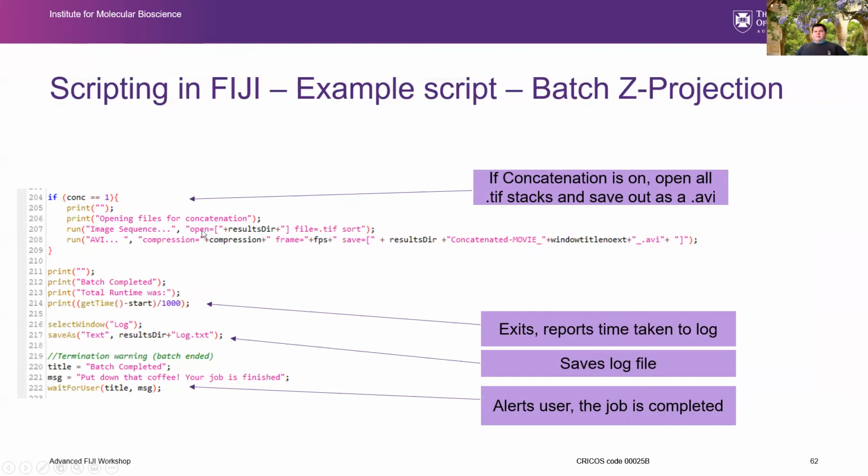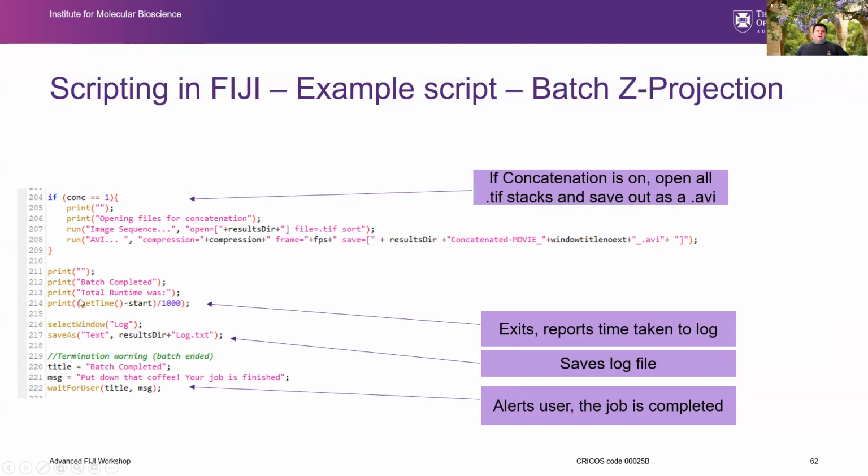And it's going to open the files from this results directory that ends in TIFF, and it's going to sort them numerically. Then it's going to run the command save as AVI with the compression type that we defined before, the frame rate defined before, to a location in the results directory called concatenated movie of window title, no extension, .avi.